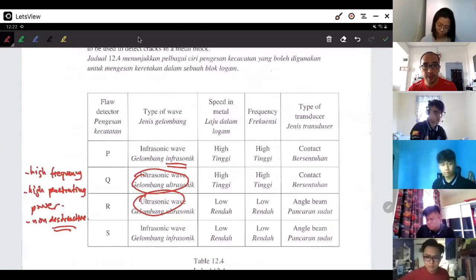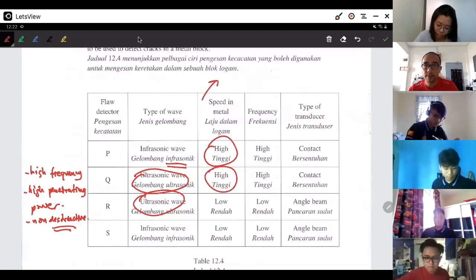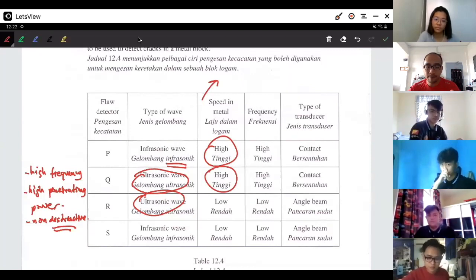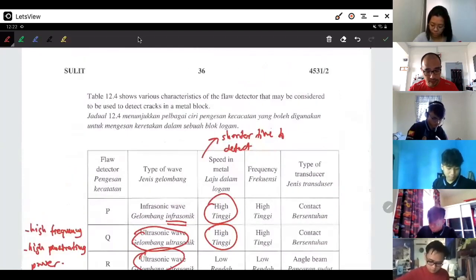Okay, speed in metal, high or low? High. Okay, speed in metal should be high. The wave speed should be high. So actually quite easy. Shorter time to detect. Shorter time to detect what? The flaw. Or the crack.